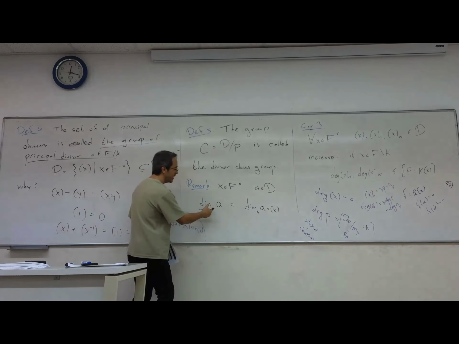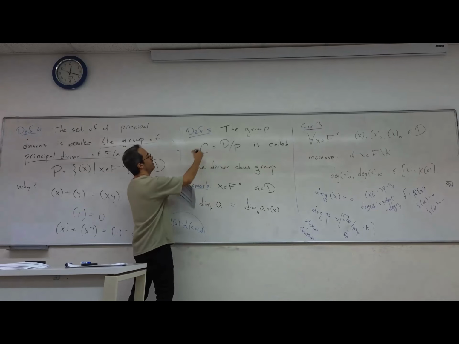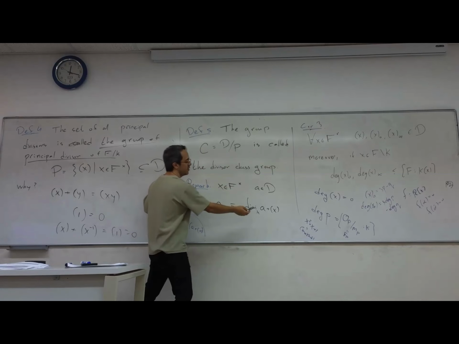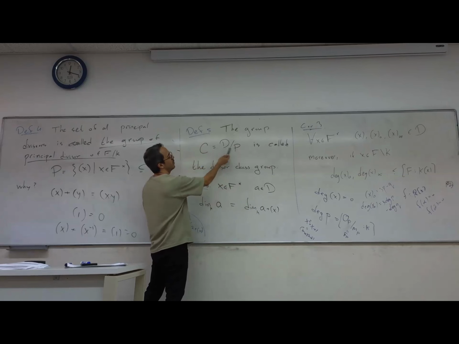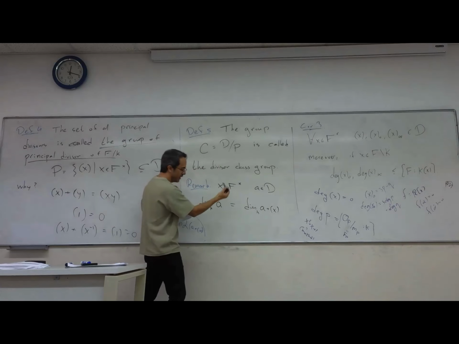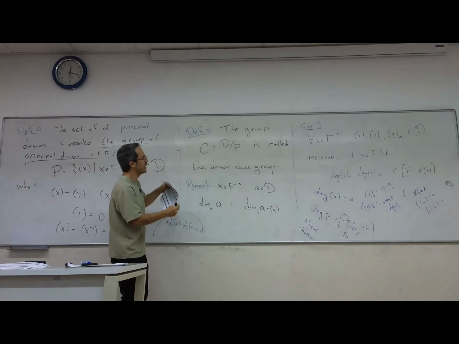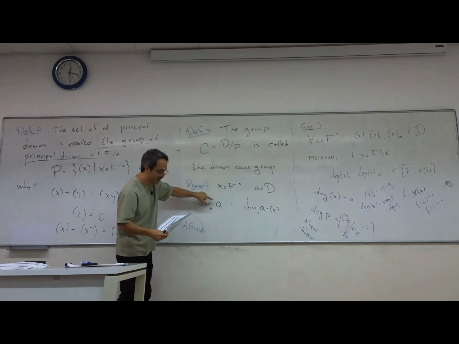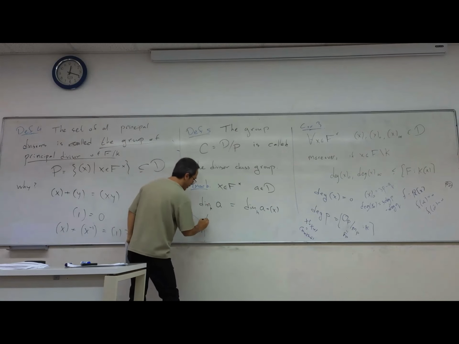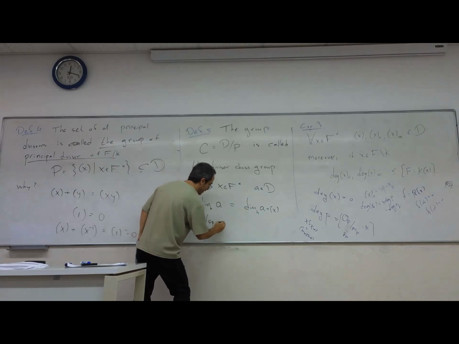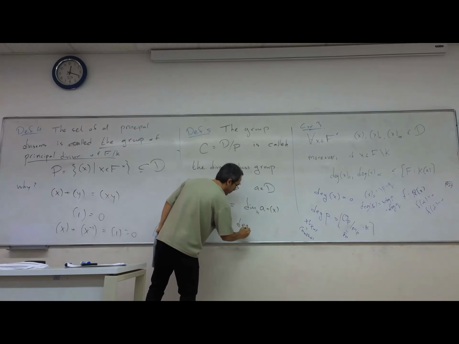So what I'm saying is, if you take a divisor and add any principal divisor to it, namely take another representative from the same class, you get the same dimension. So it's a property of the class the divisor belongs to, not of the divisor itself. And also for degree, that's harder, but we know that now.